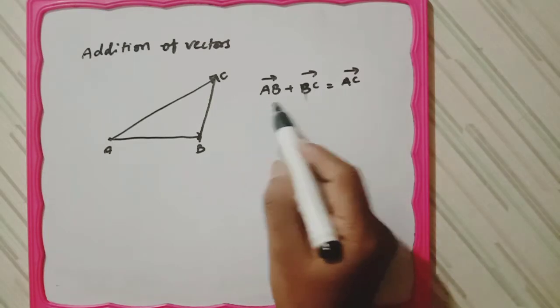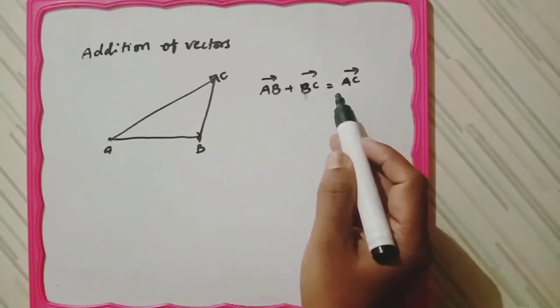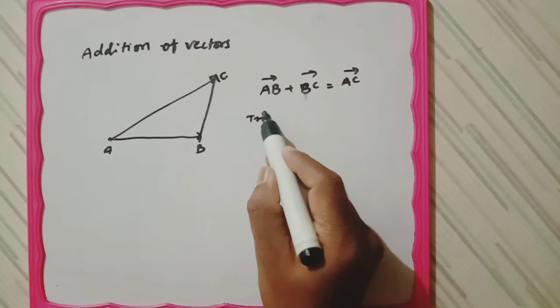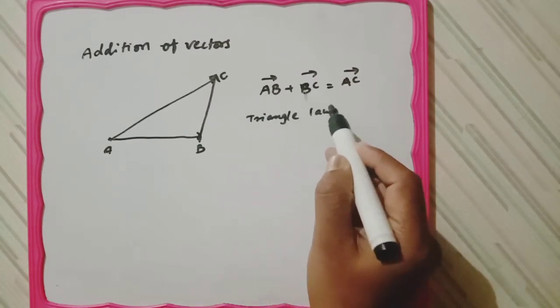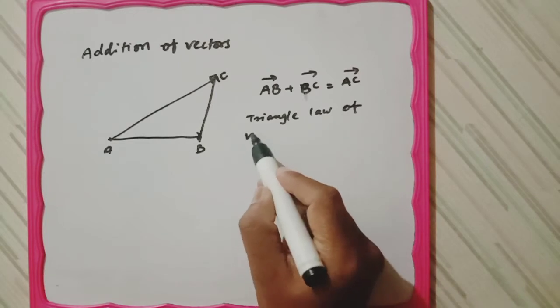This is known as the triangle law of vector addition.